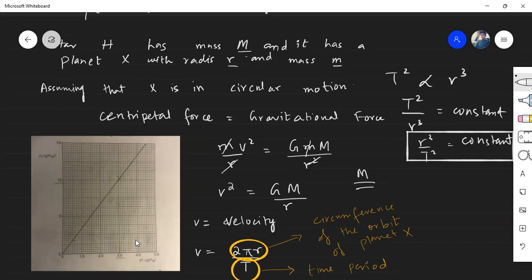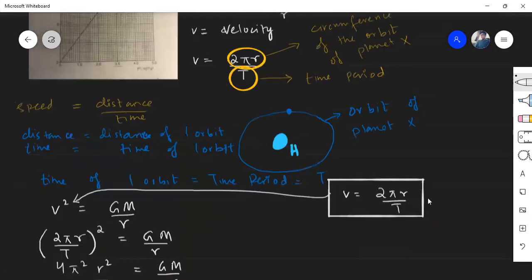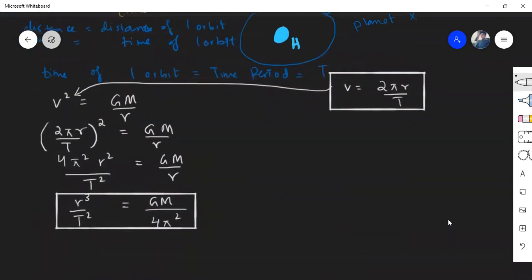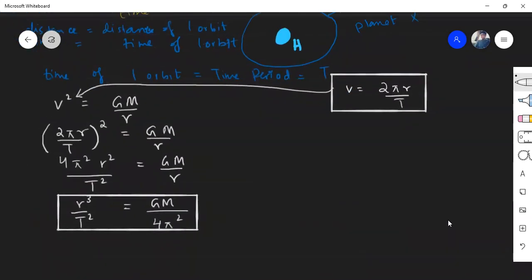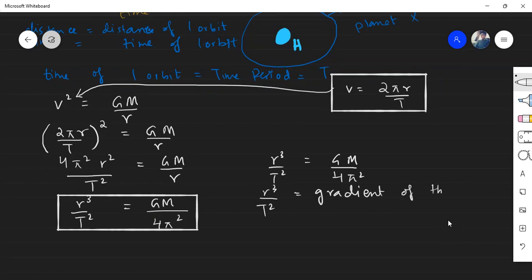So what we're going to do is take this result, R cube over T square equals G M over 4 pi square, and say that this is equal to the gradient of the graph.